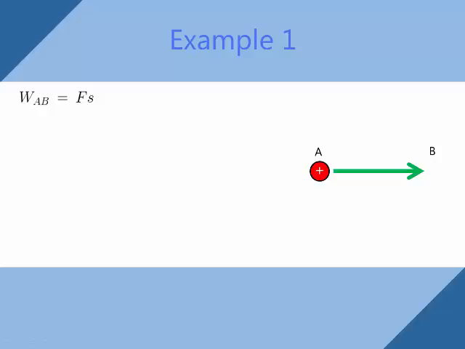This is equal to the force times the displacement of the charge. The force is 0.8 times 10 to the minus 9th newtons, as was given to us, and the displacement is 1 times 10 to the minus 10th meters, also given to us. Multiplying, we have a resulting work done of 0.8 times 10 to the minus 19th joules.